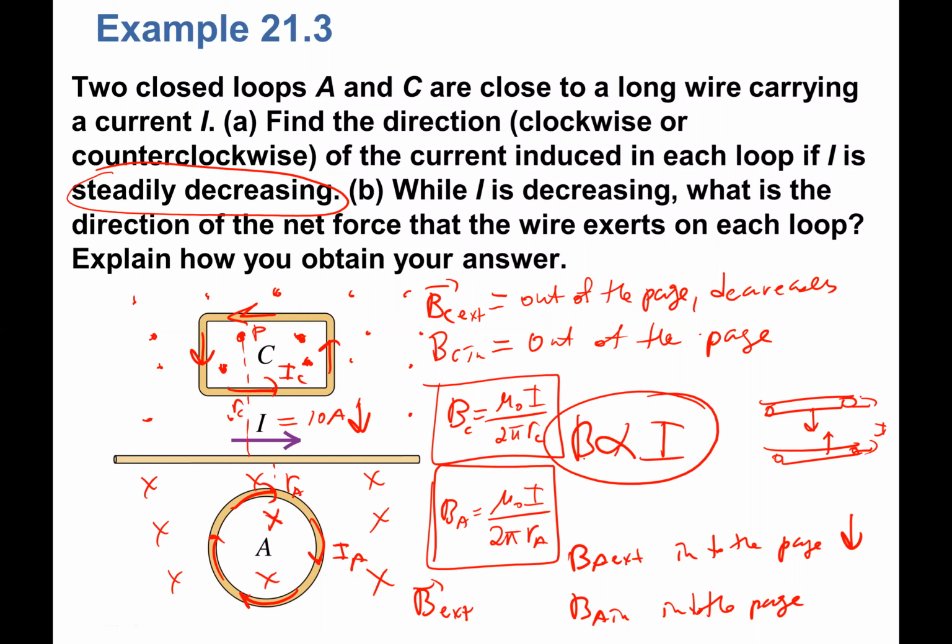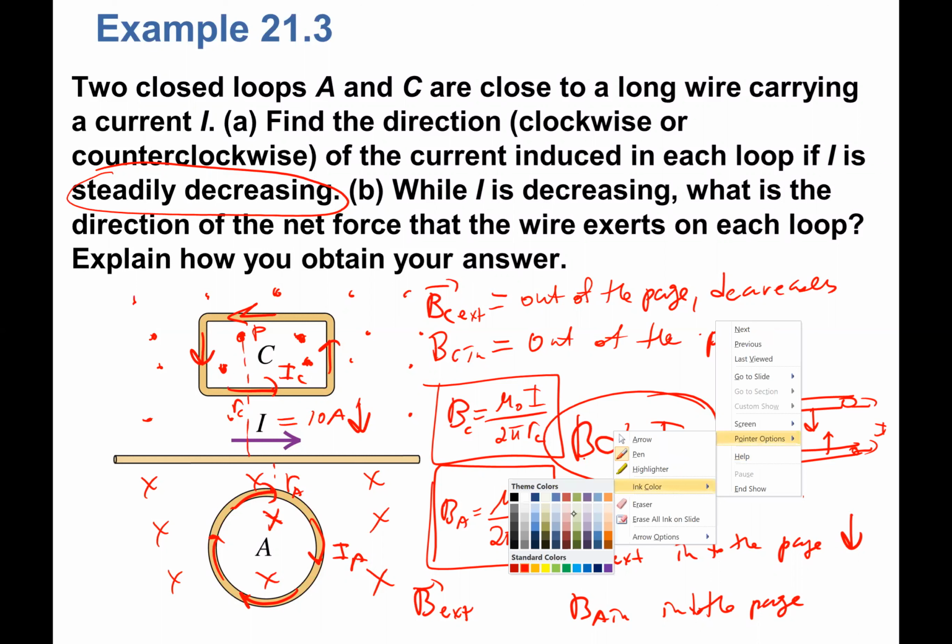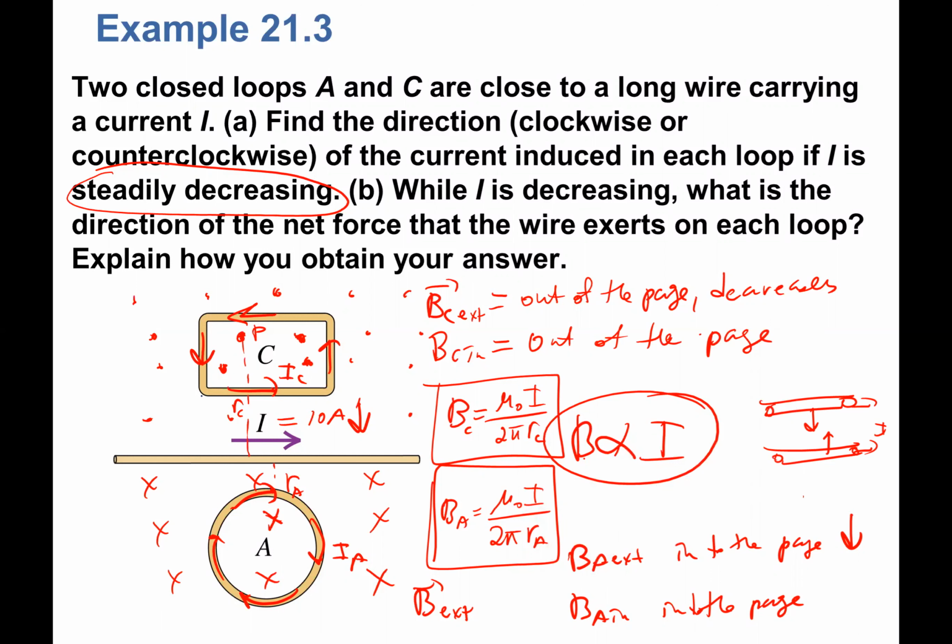Okay. And one of the things I have here is this. You can see that the current in the loop C has four sides. The vertical parts don't contribute at all, because over there the current is perpendicular to the wire current.